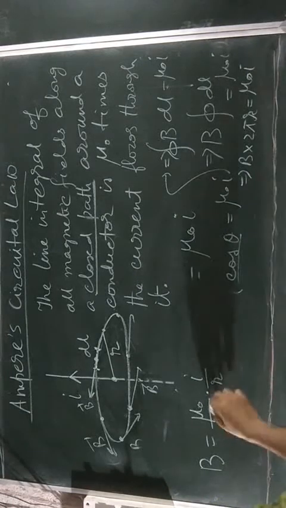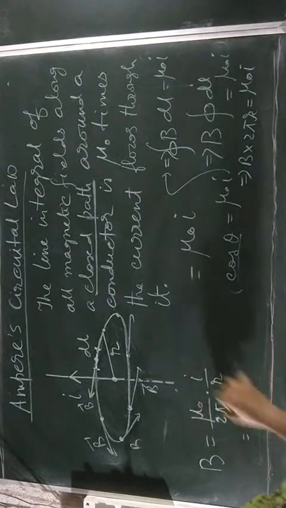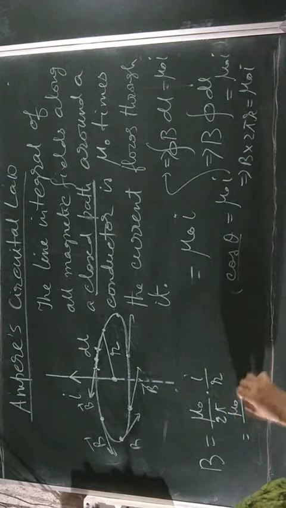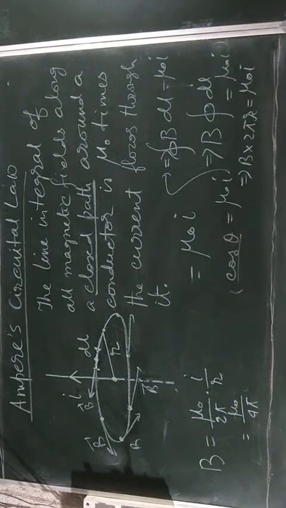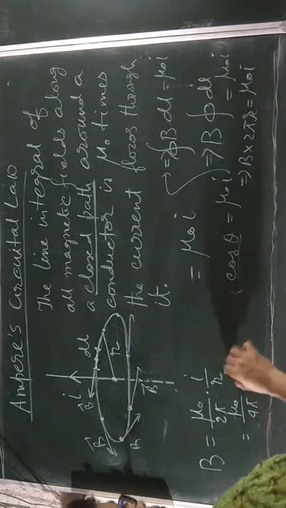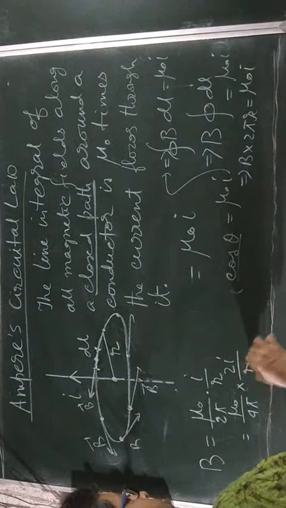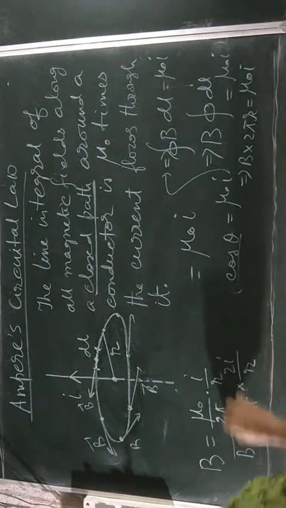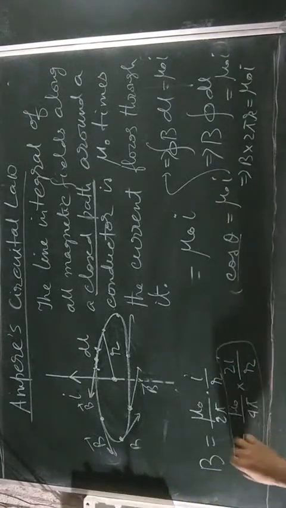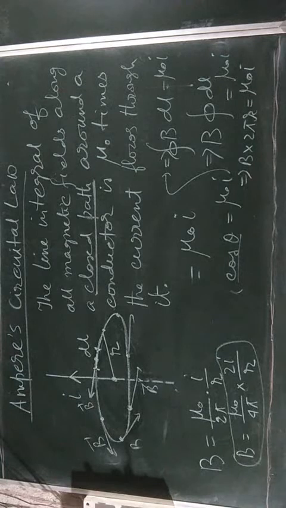If you change this factor to 4 pi, because it is more convenient for the application of the value of 10 to the power minus 7, so you have to multiply I with 2. Okay.